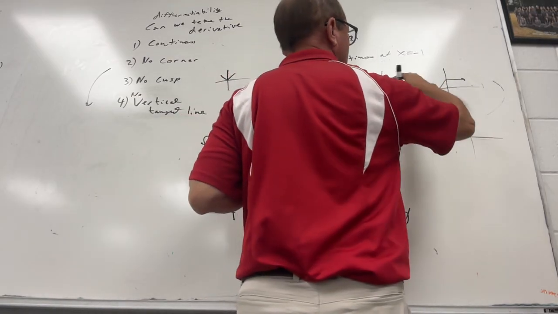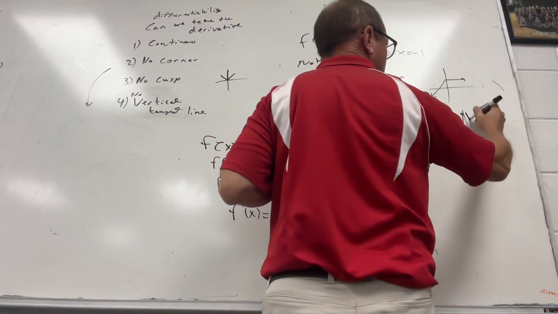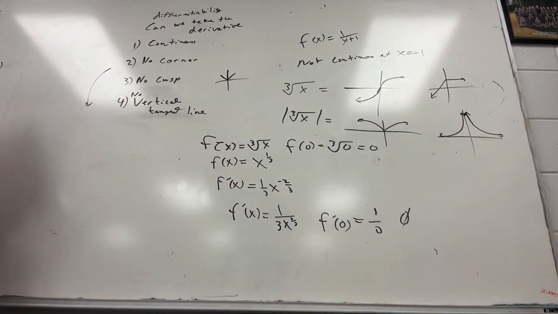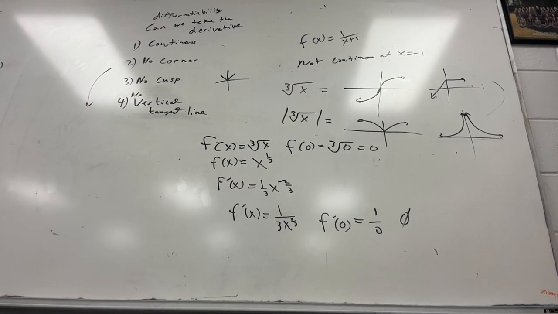We're still increasing here, but here it's steep and then it gets closer to 0. So the graph of the tangent line of the cube root of x looks something like that. So the derivative would have a vertical asymptote there.